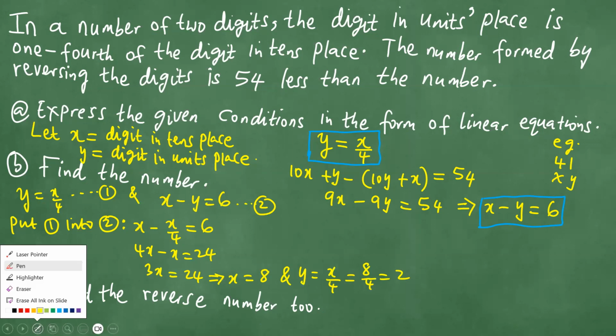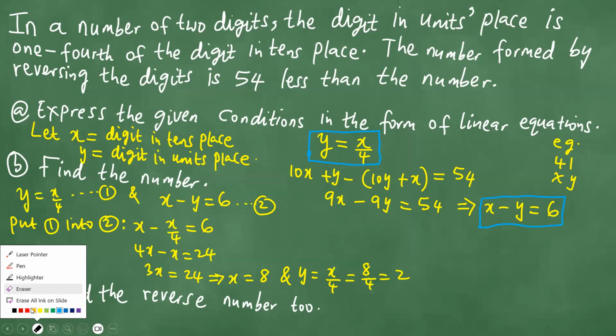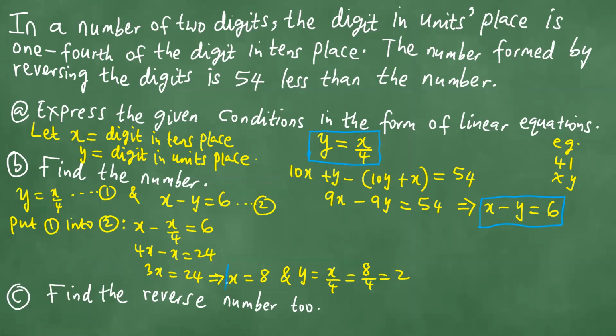And so we have those results: x equal to 8 is one of the digits, and the other one is obviously 2. So we continue then accordingly.